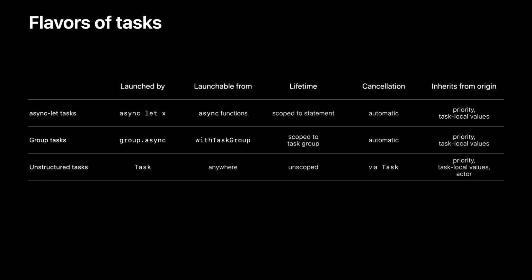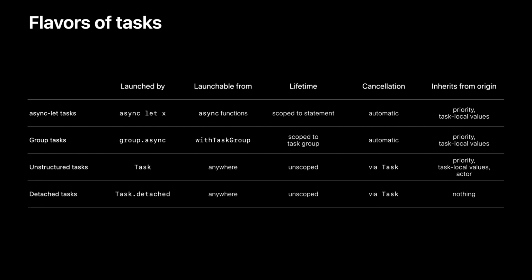If we need to break off some work that isn't well scoped, but which is still related to its originating task, we can construct unstructured tasks, but we need to manually manage those. And for maximum flexibility, we also have detached tasks, which are manually managed tasks that don't inherit anything from their origin.